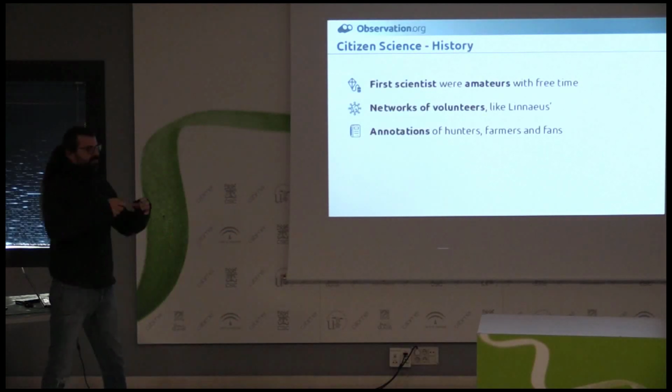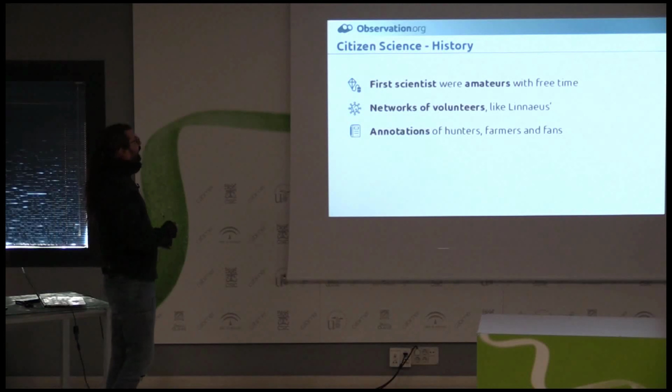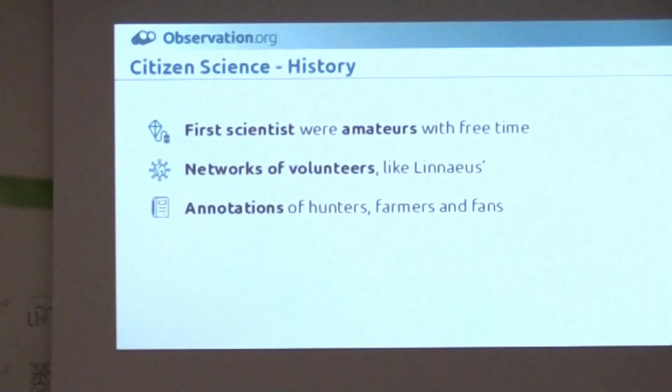So, a little introduction to the history of citizen science. We can think of citizen science as something that happened just some years ago, but that's not true. Basically, what you need is people with free time, and that was the situation when the first scientists came to work and became real scientists.